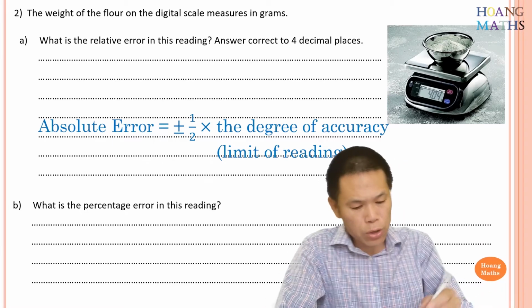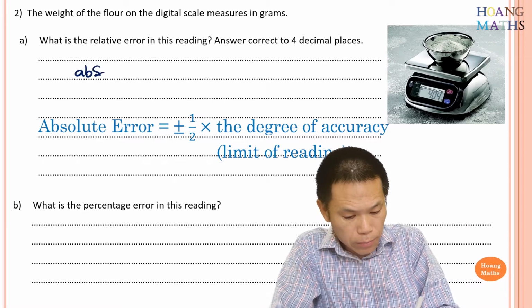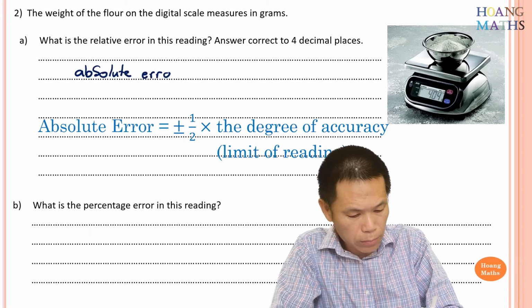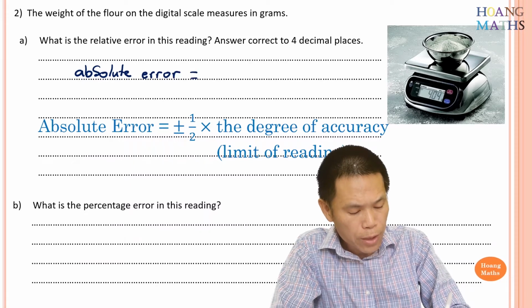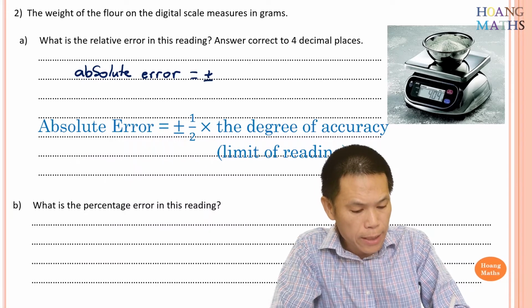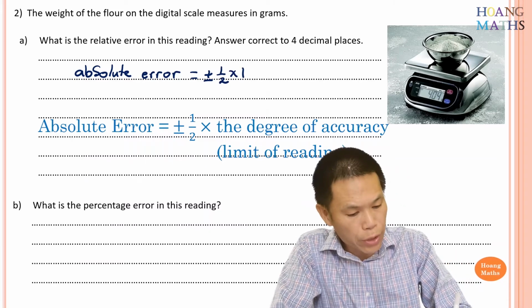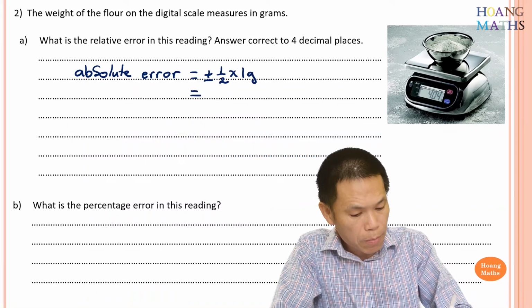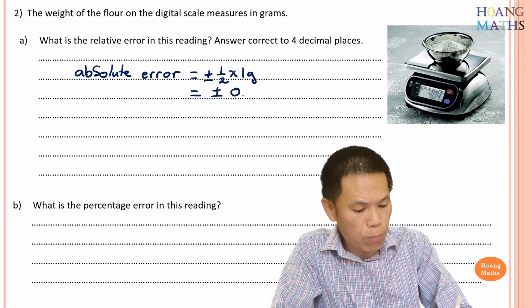So the absolute error is equal to plus or minus a half of 1 gram. That will give me plus or minus 0.5 of a gram.